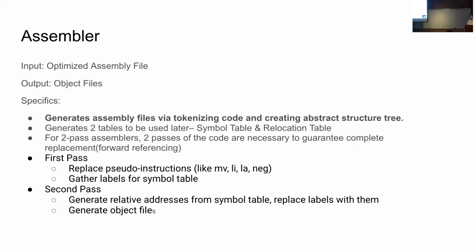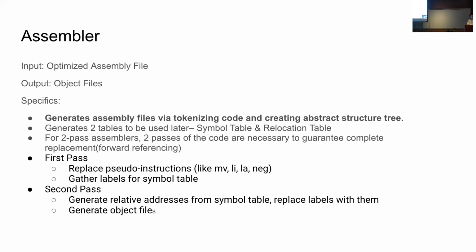There are some 1-pass assemblers, but in this class, we only deal with 2-pass assemblers, creating 2 tables, the symbol table and relocation table. On the first pass, it replaces pseudo instructions that we just went over, like move or load address, with their base instructions. And then it gathers labels for the symbol table, such as different branching labels that you may have put into your code.